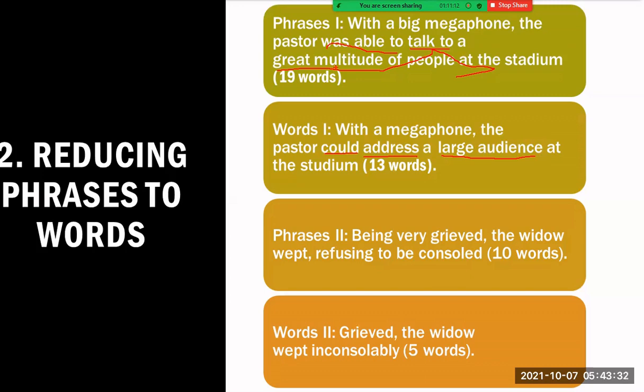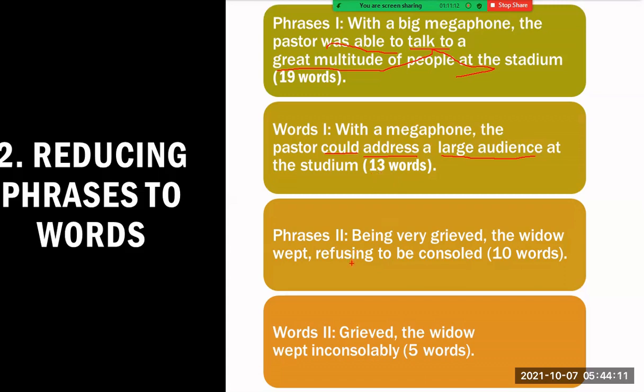That means a very large crowd. But because these people are a group of people listening to a speaker, we name them audience, because that's the appropriate name. So in reducing words, in summarizing and in paraphrasing, you need a large active vocabulary. This is very important. So here we are reducing 19 words to 13 words, and that means we are able to eliminate 6 words, which is quite substantial in word reduction.